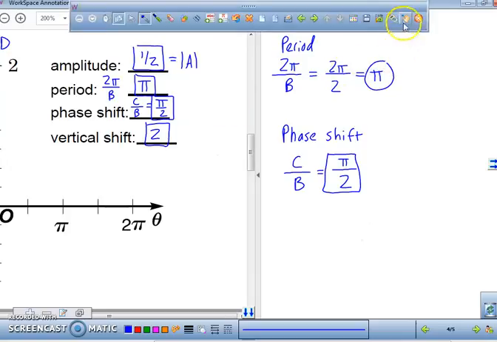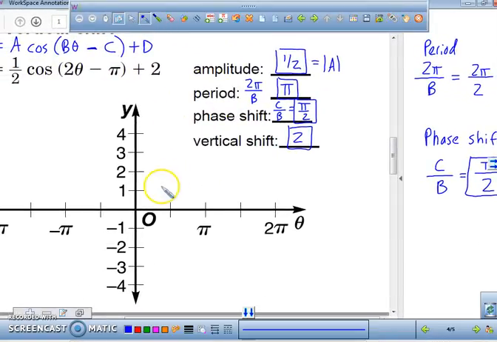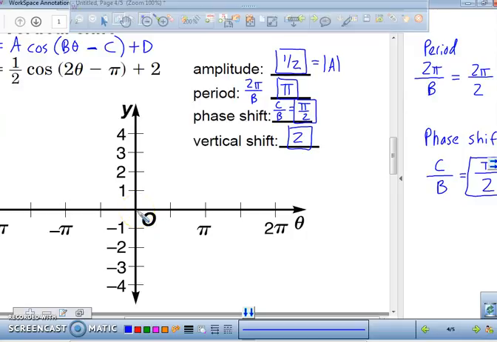Now what does that mean? That means this: normally, if you started out right here, let's say this is where you started, but if you started here and you had a phase shift of pi over 2, you would go from here to right there. Here we go.